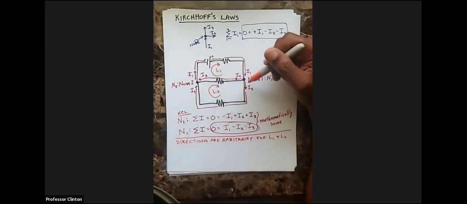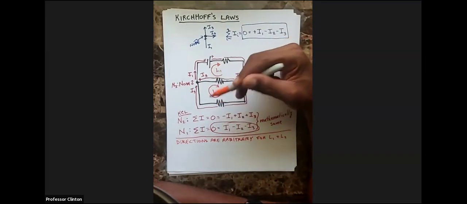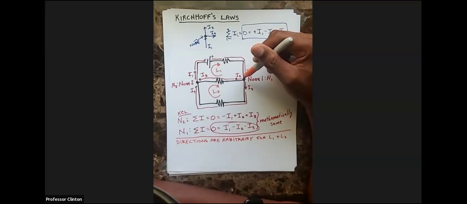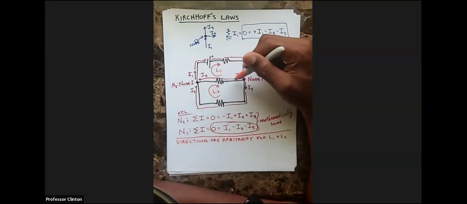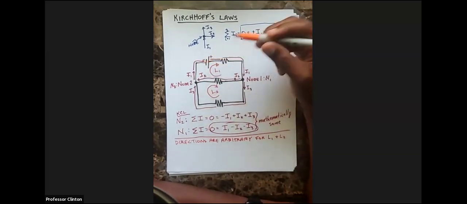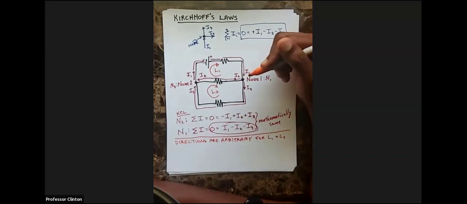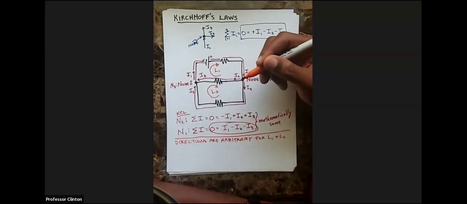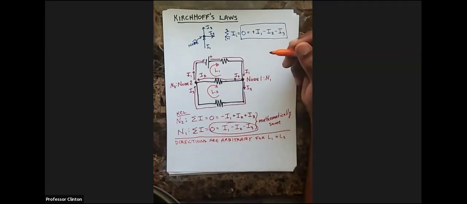We're going to go in this direction. It's random, and so it's also a guess that our current is going in this direction across the resistor and out this node. It may be quite the opposite. So we'll make corrections for that later on. At the end, we'll see what happens if need be.